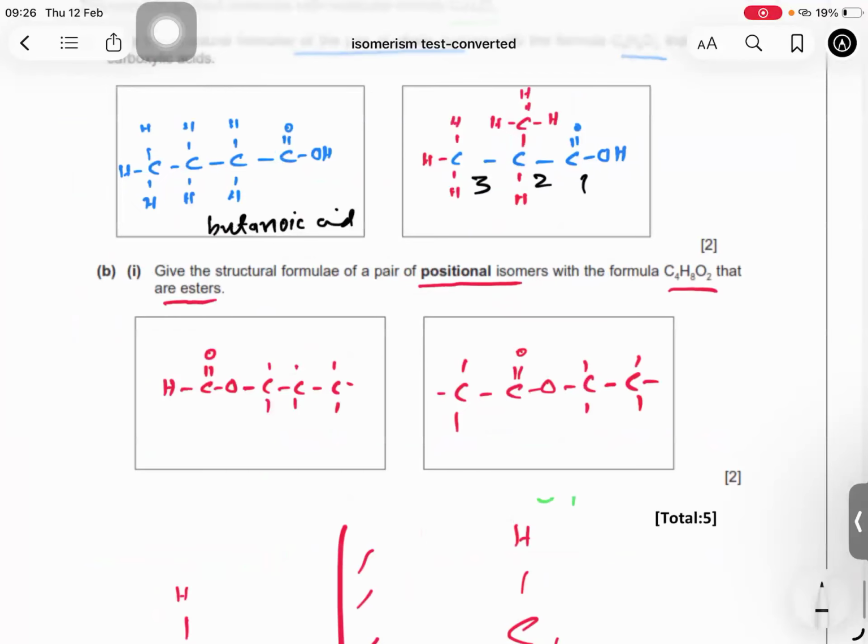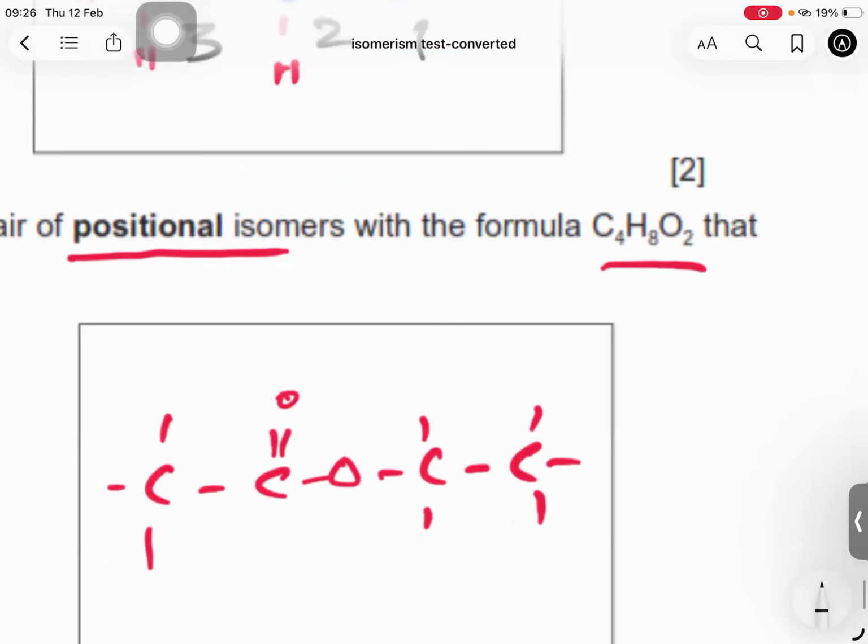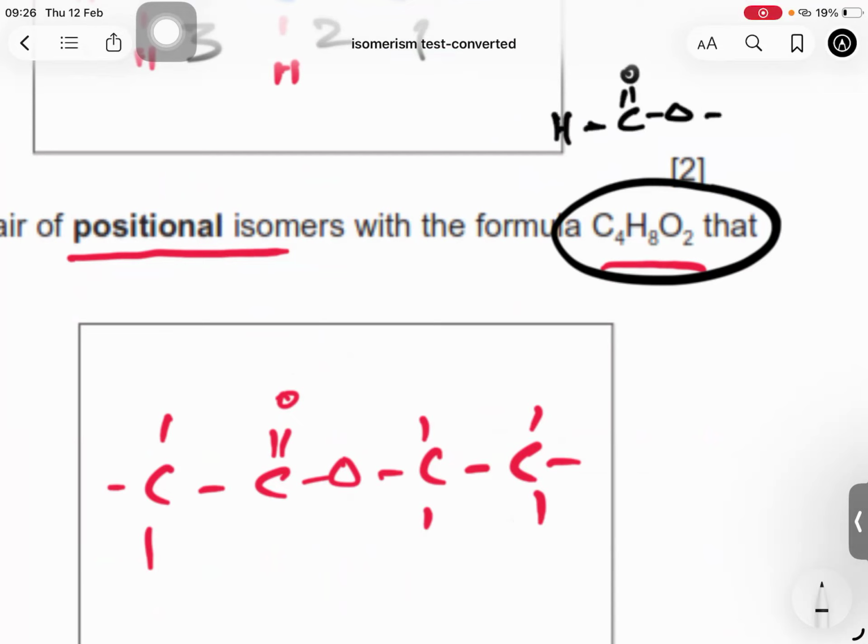Give the structural formula of a pair of position isomers that are esters. We have to draw the position isomer of the esters where we change the position of the functional group. Like if you have C double bond O here at carbon number 1 and put all 3 carbons on one side, then you can take this carbon away and draw it like this. So this is a position isomer.